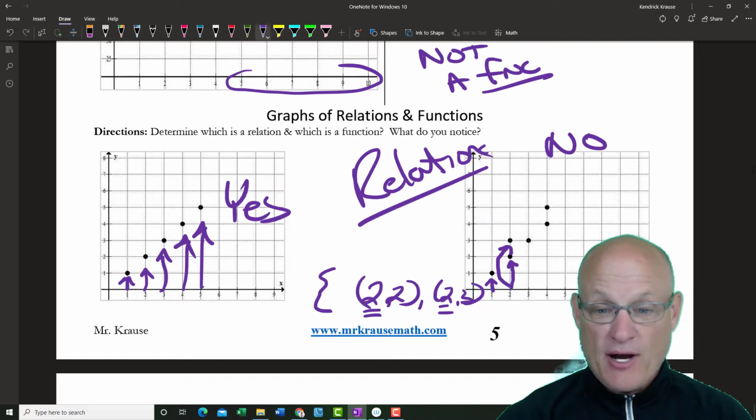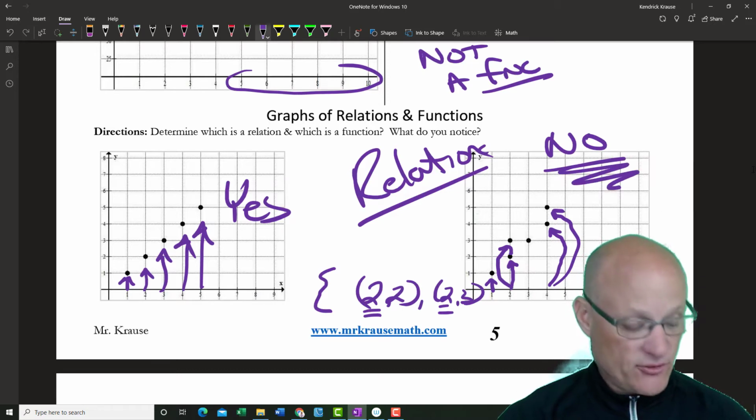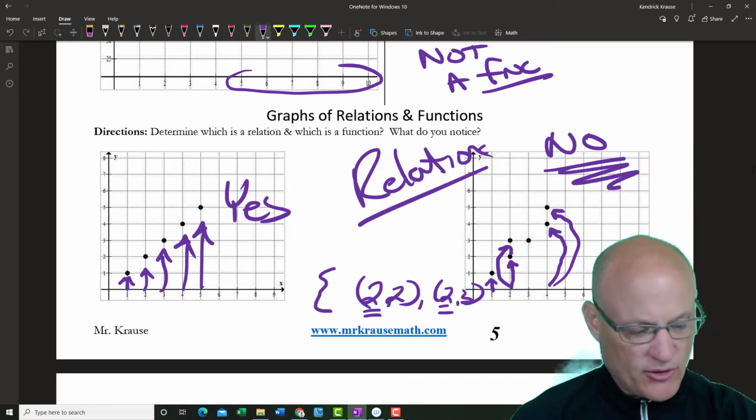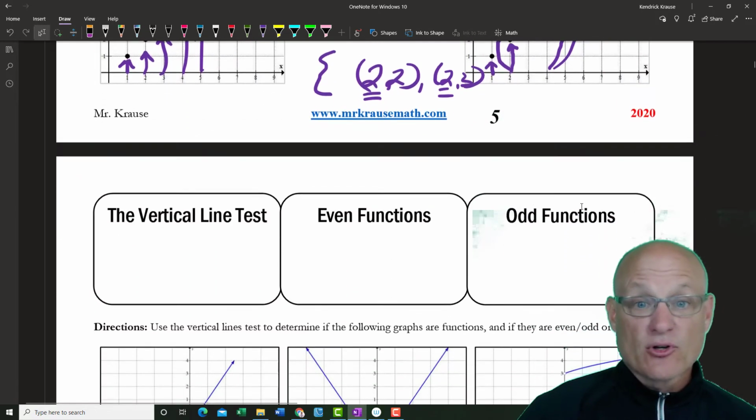Okay, and we also have a problem here at 4. 4 goes to 4, but 4 also goes to 5. So this is not a function. And I think if you remember correctly, or some of you are probably screaming it out right now, you learned something called the vertical line test.